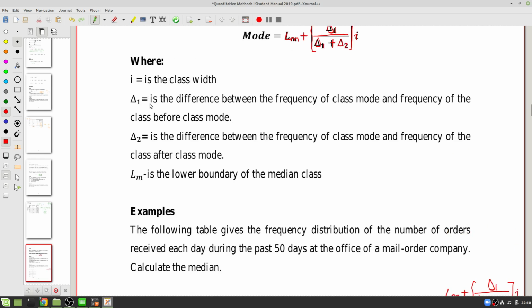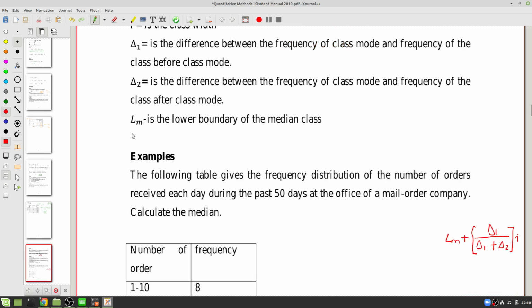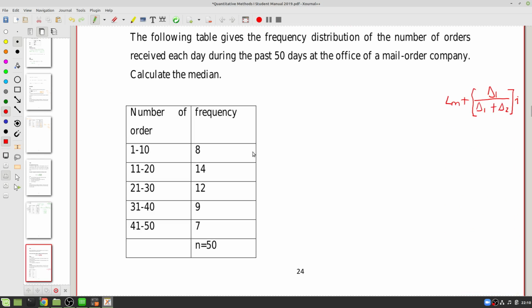Do we need that? I is the class width. Delta 1 is the difference between the frequency of the mode and the frequency of the class before that. Delta 2 is the frequency of the modal class and the frequency after that. And then Lm is the lower boundary. So we don't even need a cumulative frequency curve here, or a cumulative frequency column.